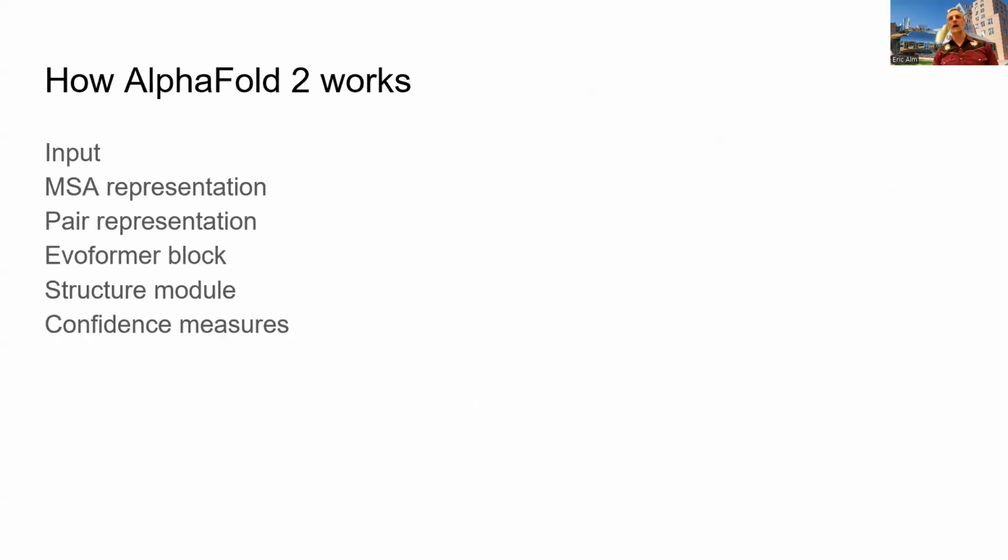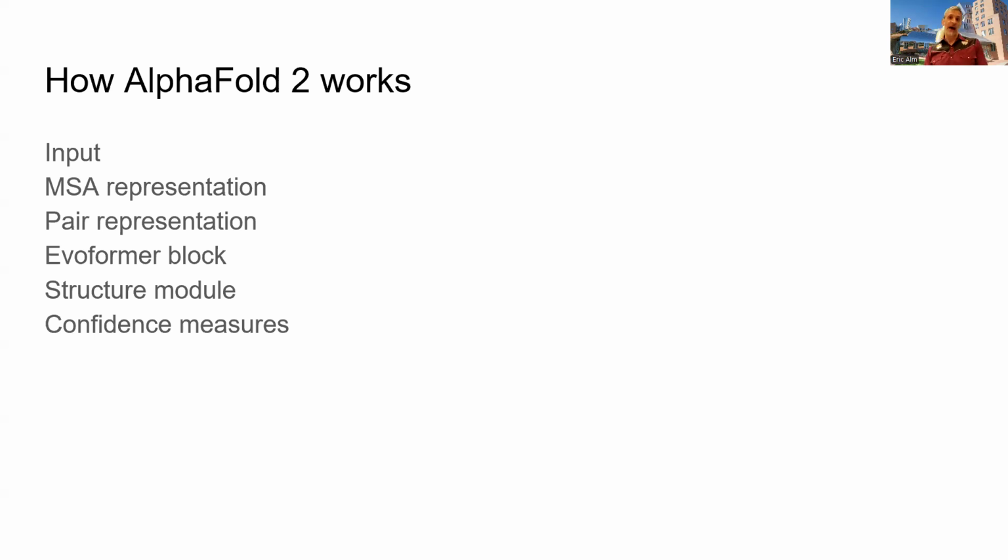Okay, so now I want to talk about the nuts and bolts of how AlphaFold 2 works. Let's talk about the input. There's multiple sequence alignment. There's something called a pair representation. They use a series of computations called evoformers that are a little like transformers, which we'll learn about in detail in the next class.